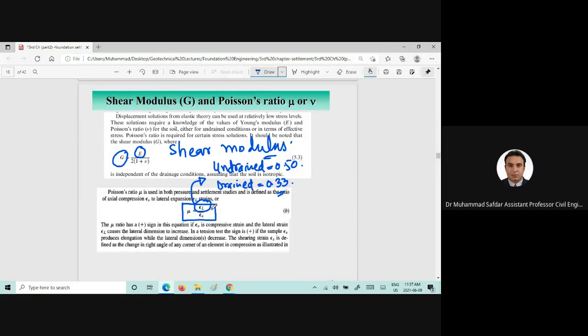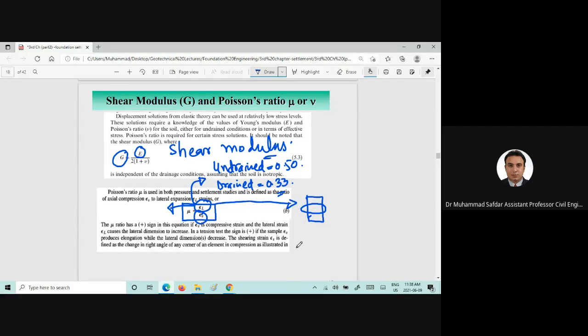We can also estimate the Poisson ratio if we know the lateral strains and the volumetric strains. Now, how do we find out the lateral strains? Usually in advanced geotechnical testing, radial strain transducers are used to find out the lateral strains.